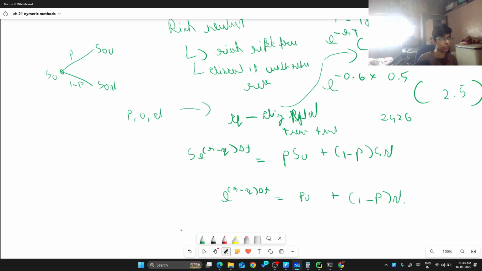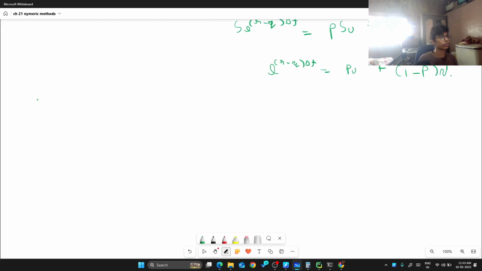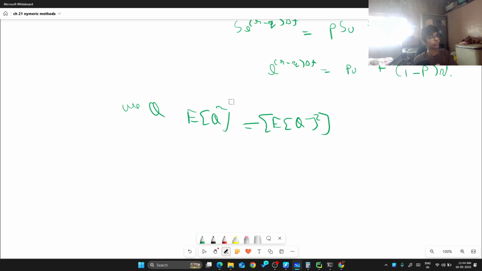And for variance, we have to find variance also, right? And the formula of variance is simple: variance equals expectation of q square minus expectation of q whole square, right? Here r is our return, percentage change, and that would be 1 plus r, right?